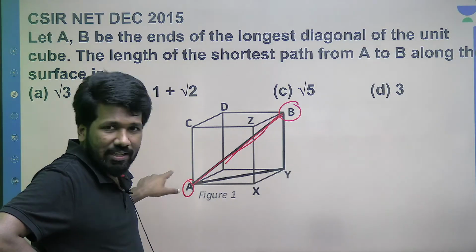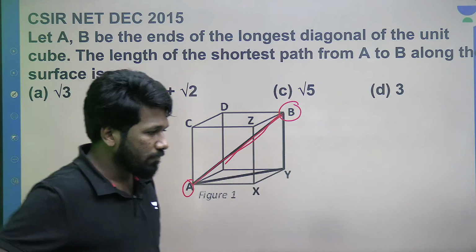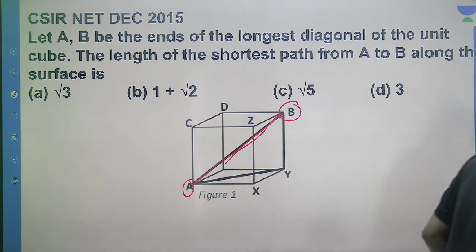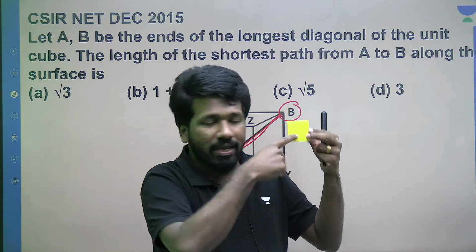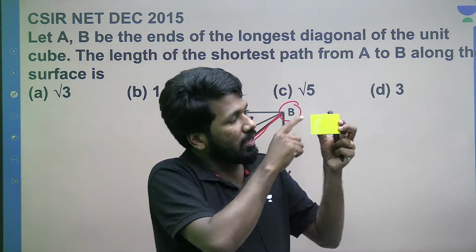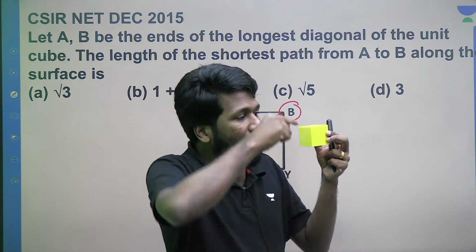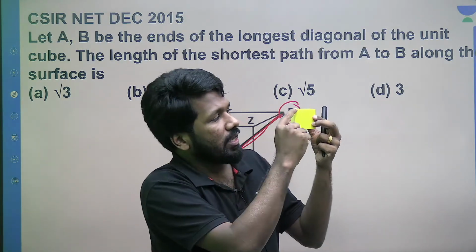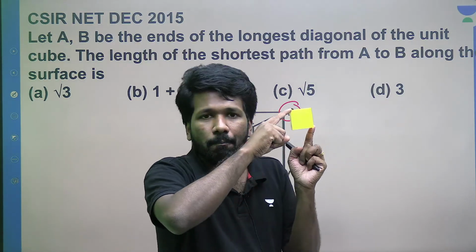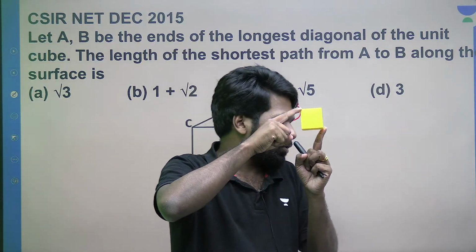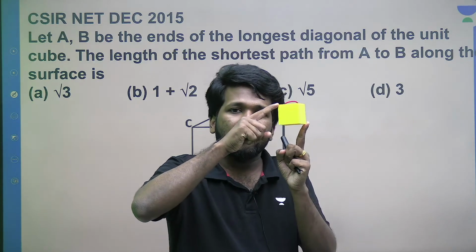This diagonal is not through the surface. For example, look at this cube: this diagonal is on the surface, this diagonal is on the surface. But the diagonal joining this front top corner to the back corner, are you able to see this properly?